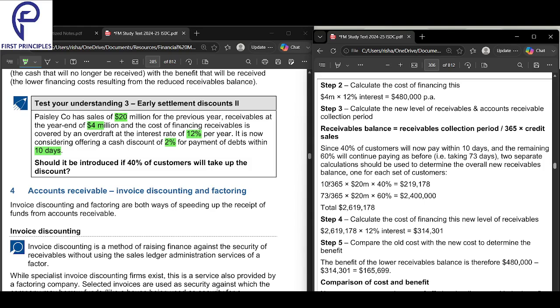Okay, add both. Tell me the total receivables.